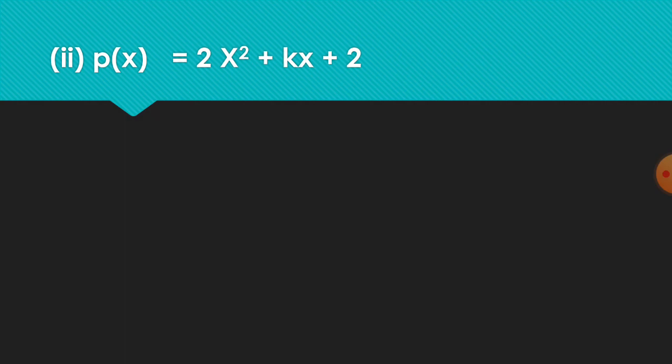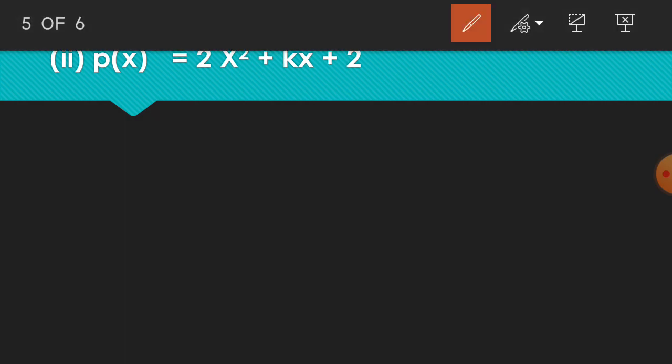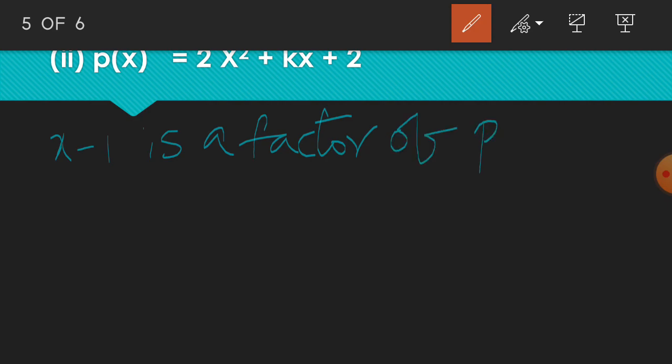So we are taking x minus 1 is a factor of p of x. Therefore p of 1 equal to 0. Now we have to replace x with 1 again.